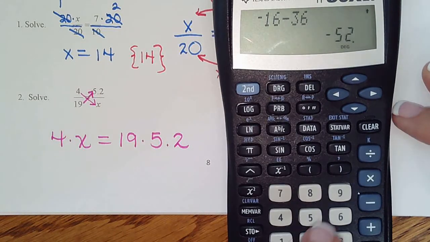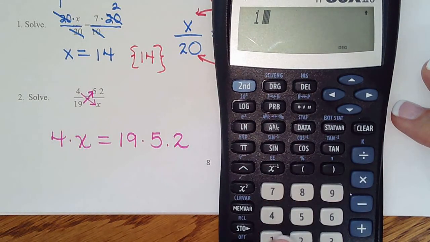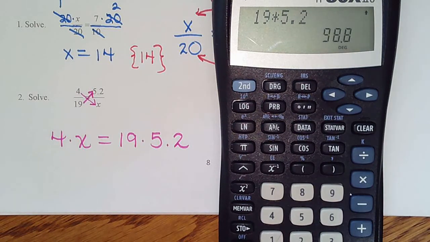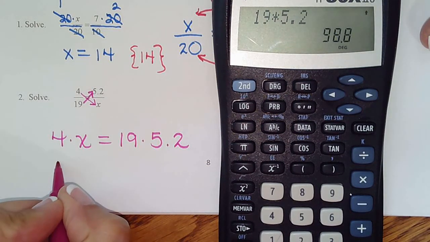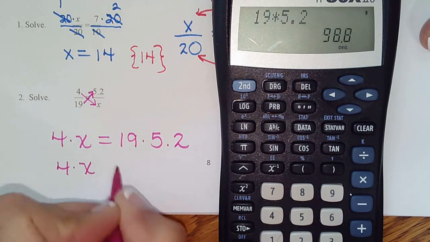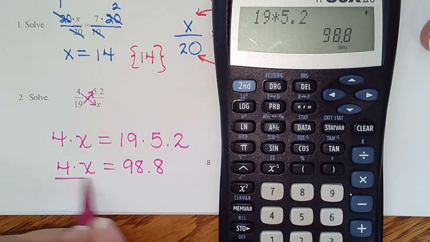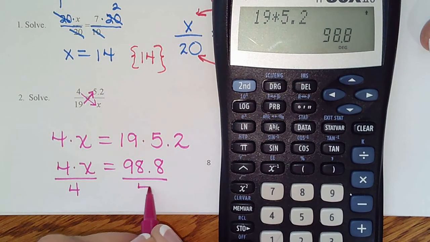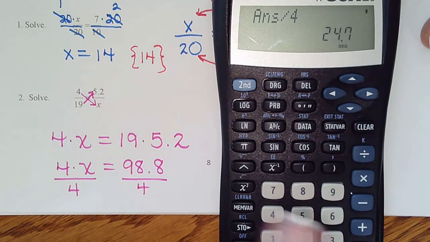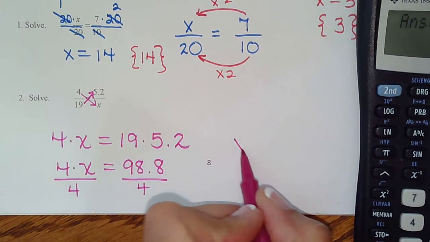So we have 19 times 5.2, which would be 98.8. So we have 4 times x equals 98.8. Then divide both sides by 4. So divide by 4, and we get 24.7.